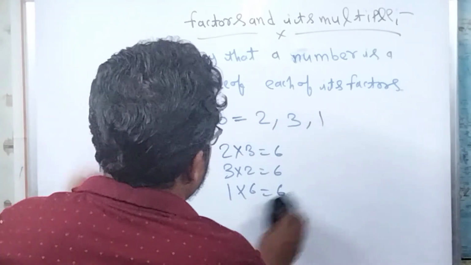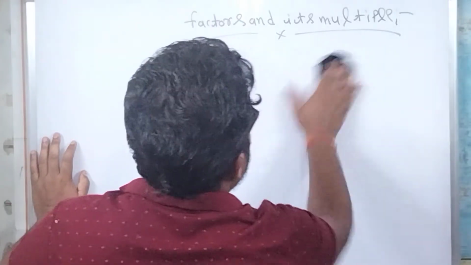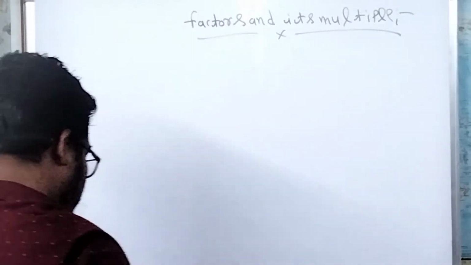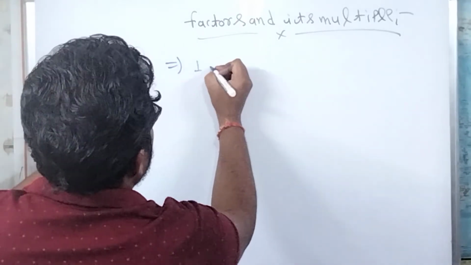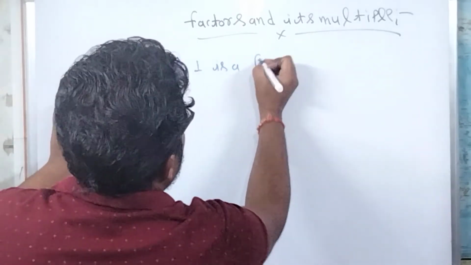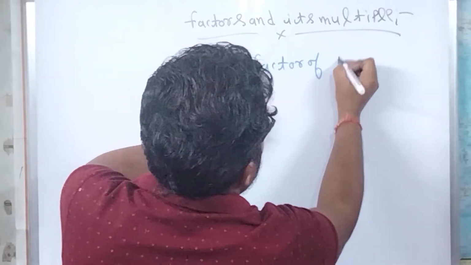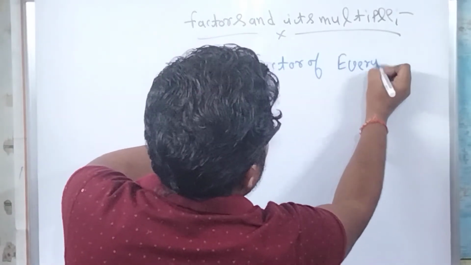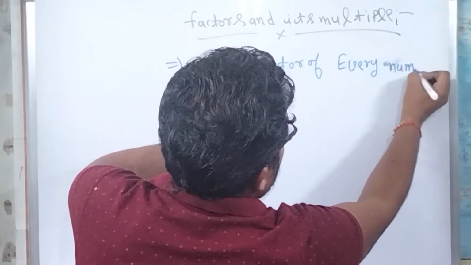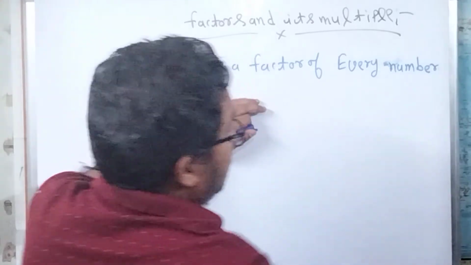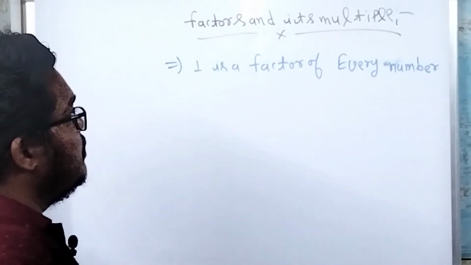Second, 1 is a factor of every number. This is a very normal topic. 1 is a factor of every number.